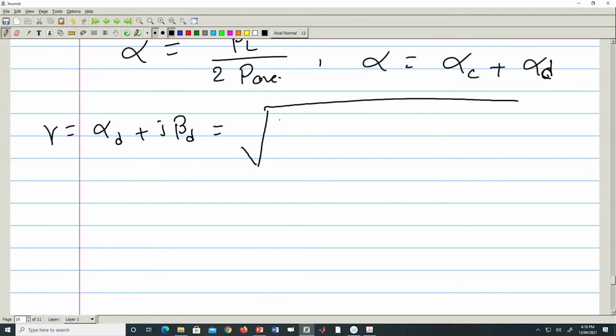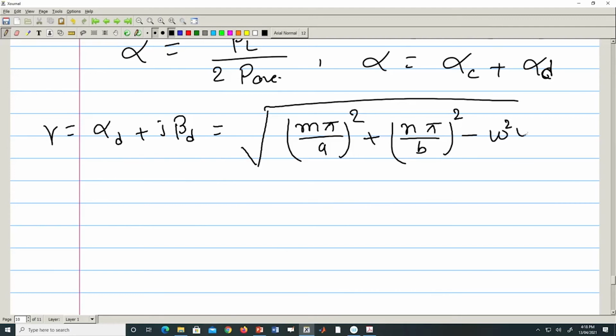Gamma can be defined as the square root of (m pi by a) whole square plus (n pi by b) whole square minus omega square mu epsilon, and here epsilon is defined as epsilon prime minus j, with a real part and an imaginary part, and this can be written as epsilon minus j of sigma by omega.